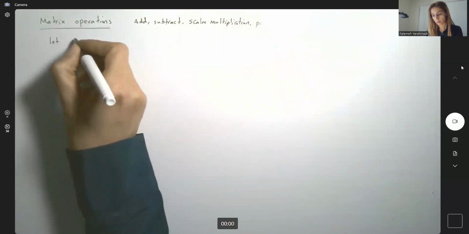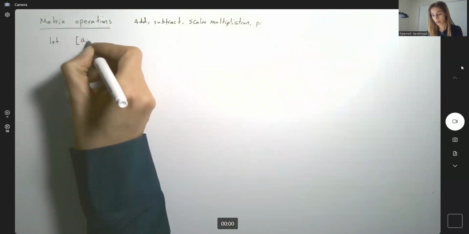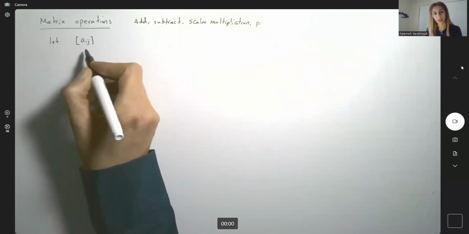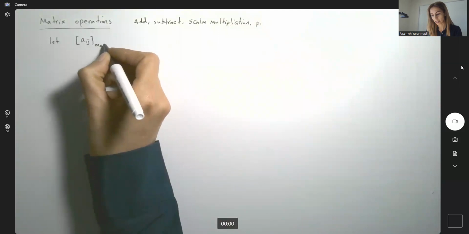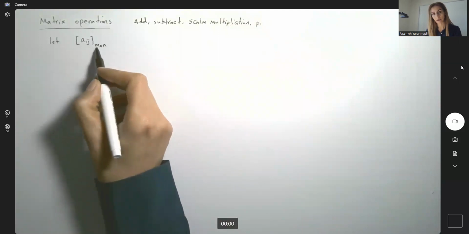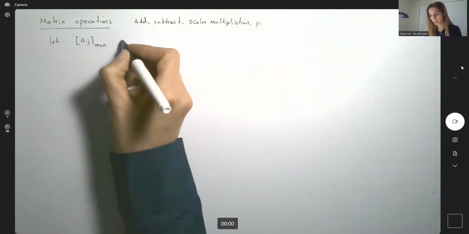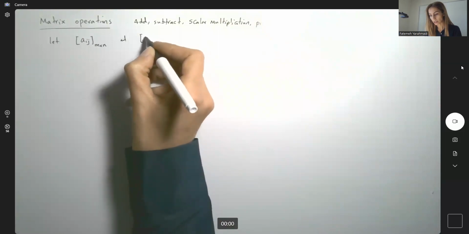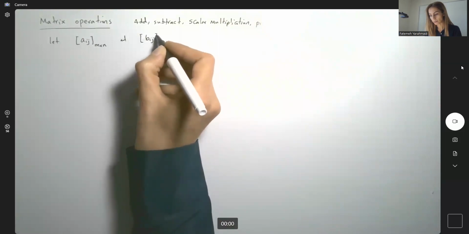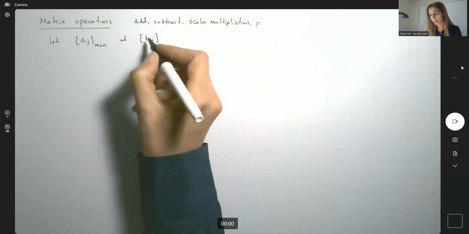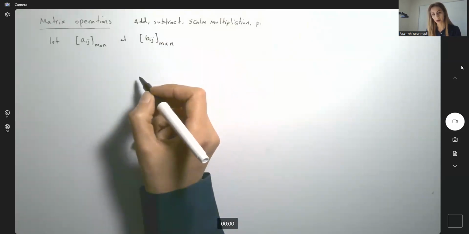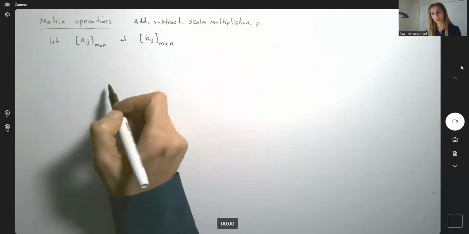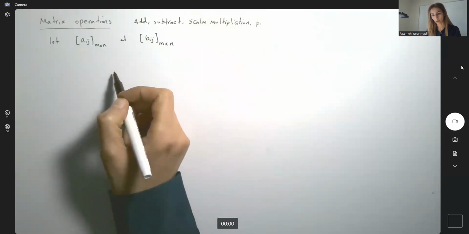Let the very first matrix be represented by its entries A sub ij, and it's a matrix with m rows and n columns, and you have another matrix B sub ij with exactly the same number of rows and the exact same number of columns. If you have these two matrices, you're allowed to add them together.